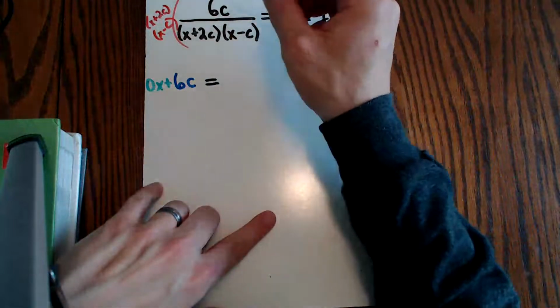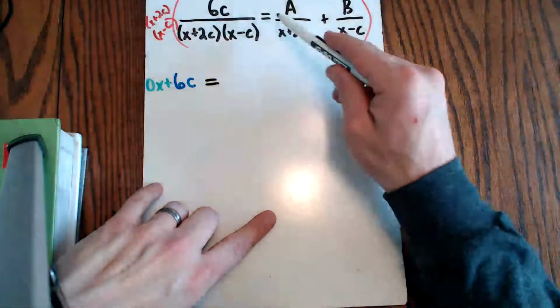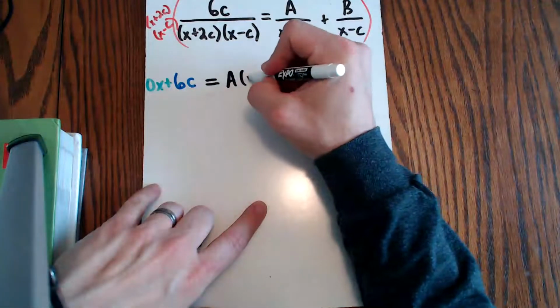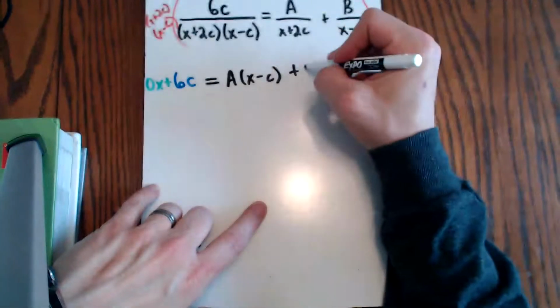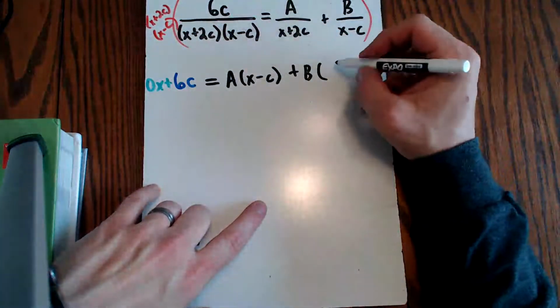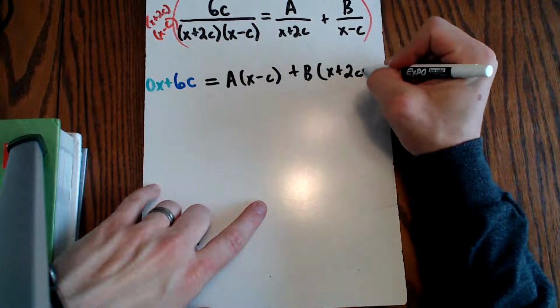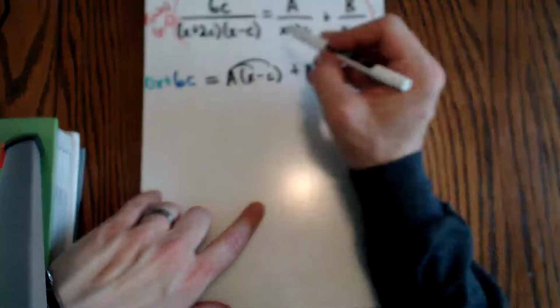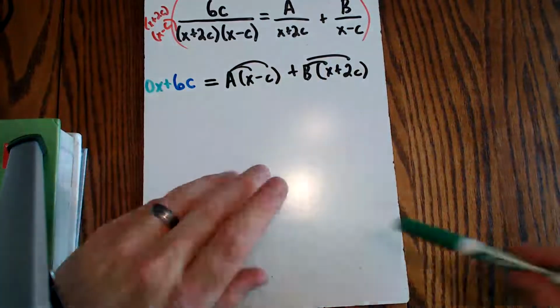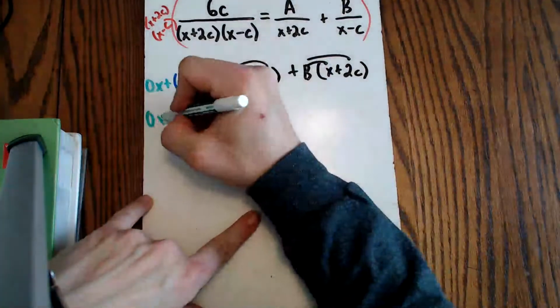A is going to get hit with, let's see, x plus 2c's will go choo-choo. So A is going to get hit with the x minus c, plus B, the x minus c's go choo-choo. B will get hit with x plus 2c. Okay, so let me do my distribution, and then I will reshuffle terms. So on the left side, I had 0 x's.